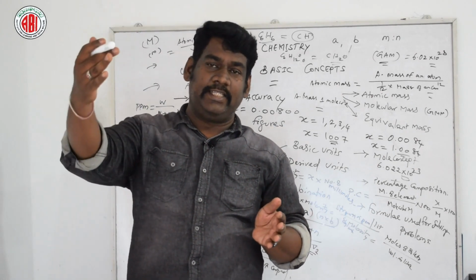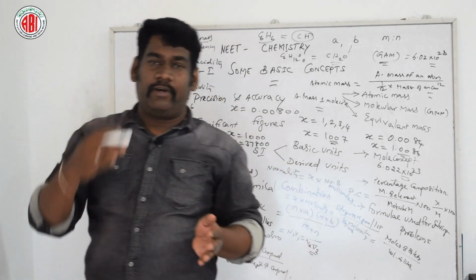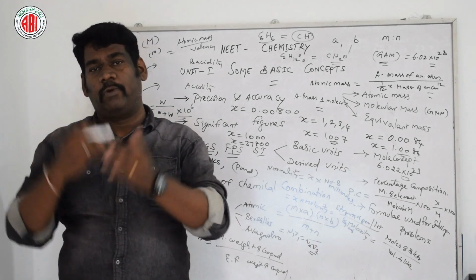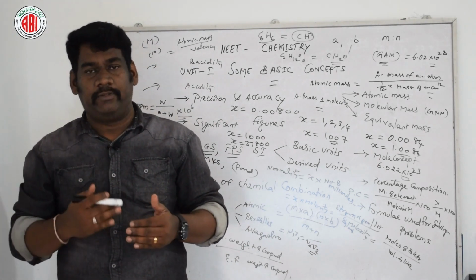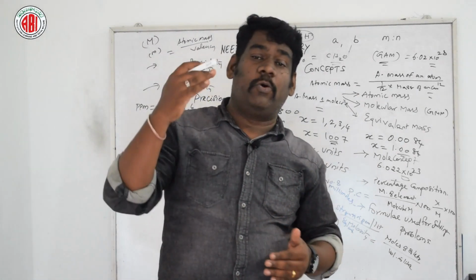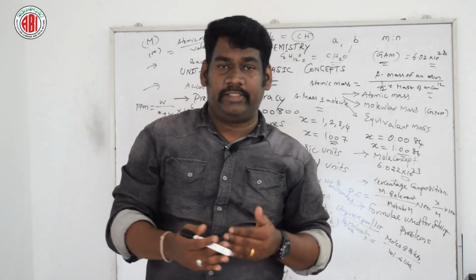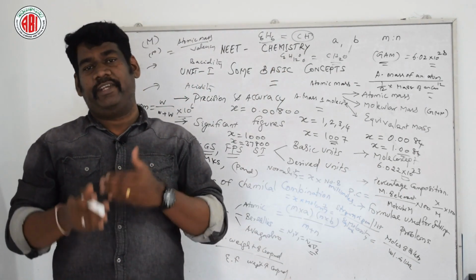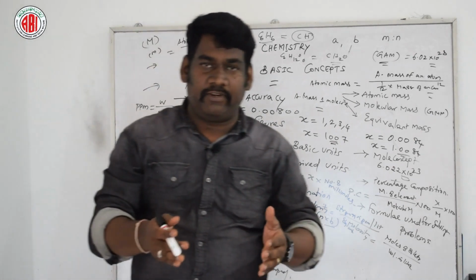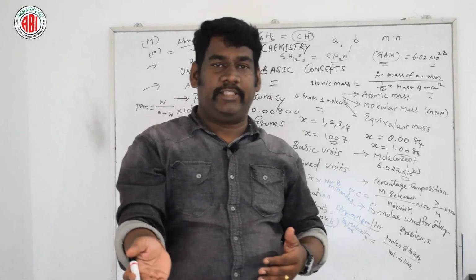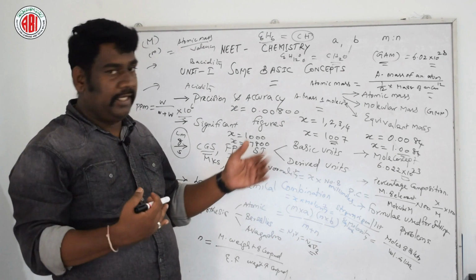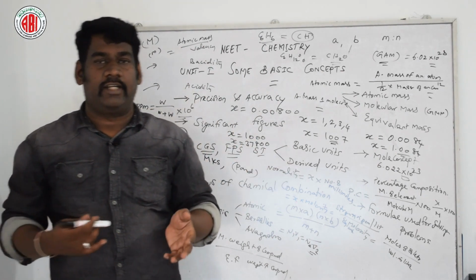Then we take the whole number ratio, or the simplest ratio. If we get values in decimal form, we should convert them into whole number ratio. Finally, we can find the empirical formula of the given compound.